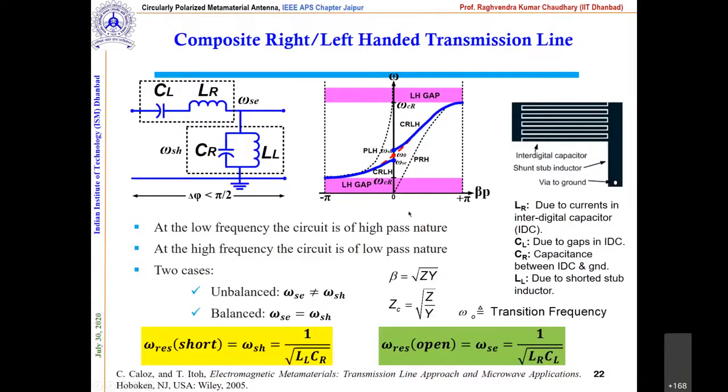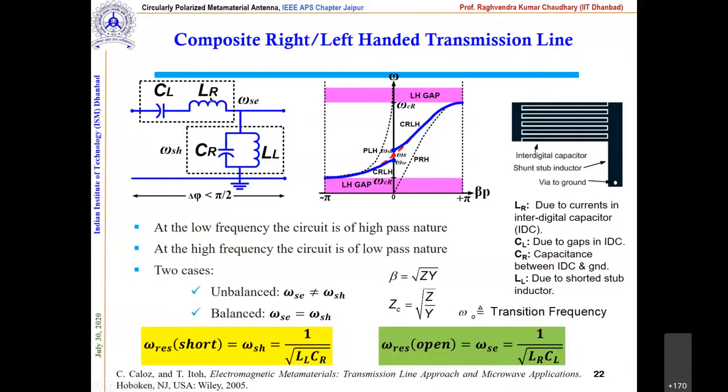And when dealing with a planar line, the upper part and the bottom part will provide some capacitance. So ultimately the overall circuit comprises all these four elements, where L stands for left-handed and R for right-handed.